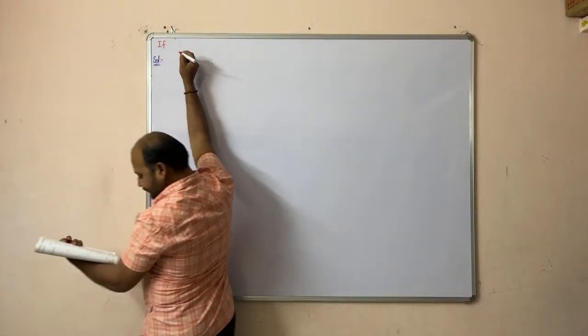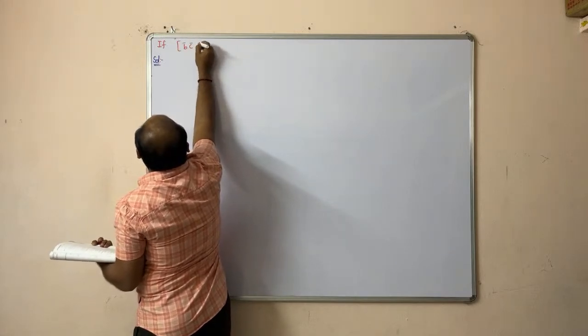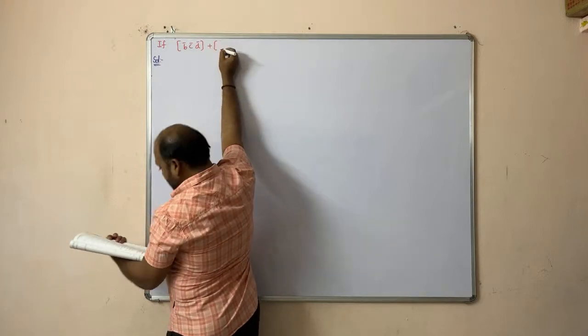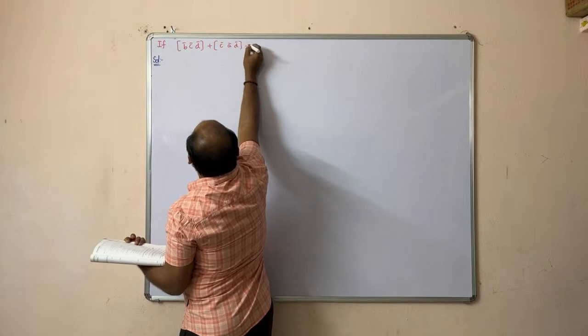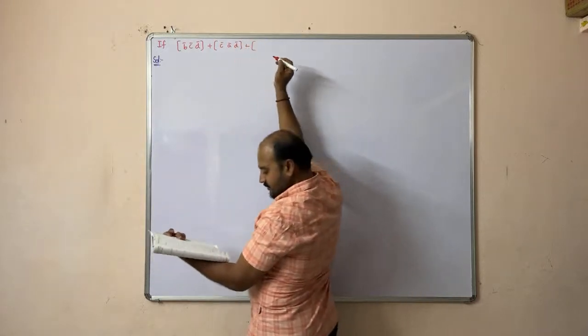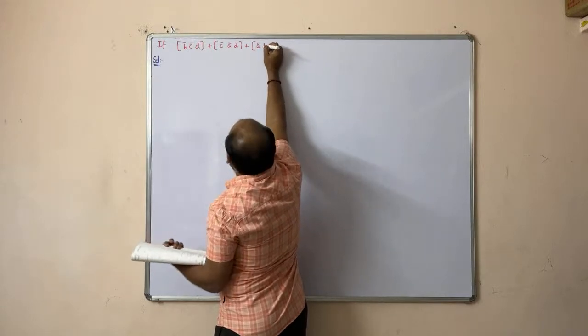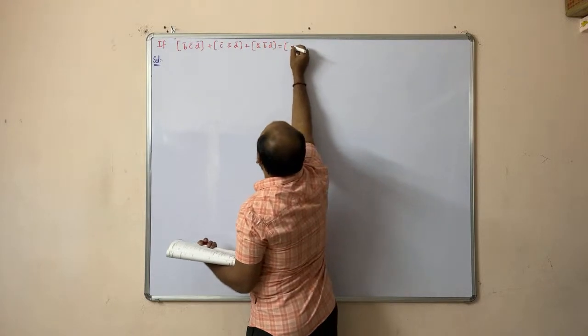If box of B bar, C bar, D bar plus box of C bar, A bar, D bar plus box of A bar, B bar, D bar is equal to box of A bar, B bar, C bar.